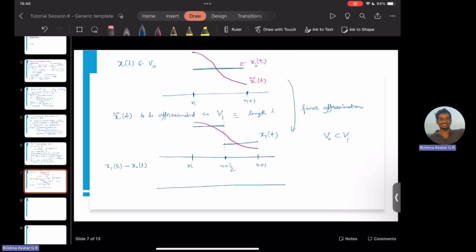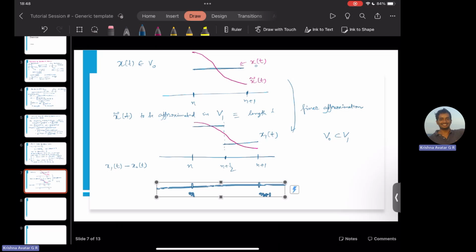We pick up the same thing. We have this unit interval n to n plus 1. Since the difference of the approximation is going to lie in a unit length interval, we would want to have some sort of a wavelet to be able to do that.